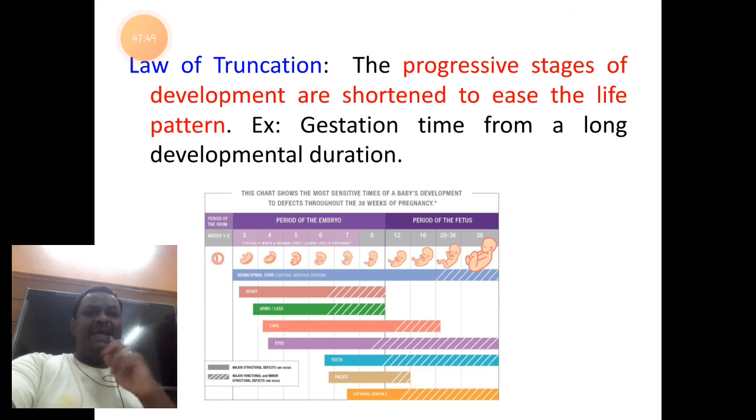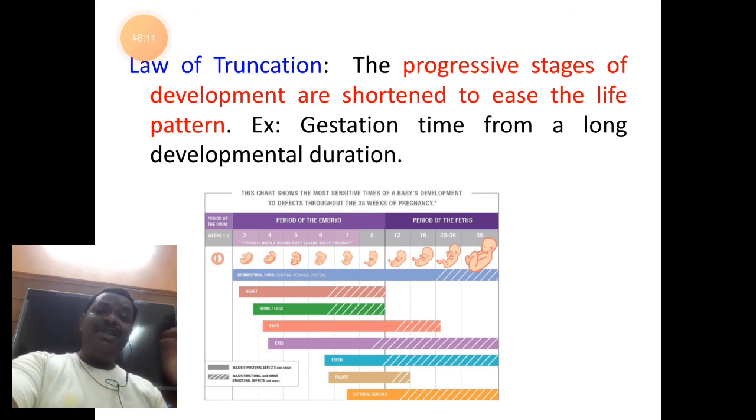For example, the gestation time, from a long developmental duration. Down is the picture; when you look at different gestation periods, we find different structures getting developed. By the end of the 9th month, you find a completely formed embryo develop into a fetus.